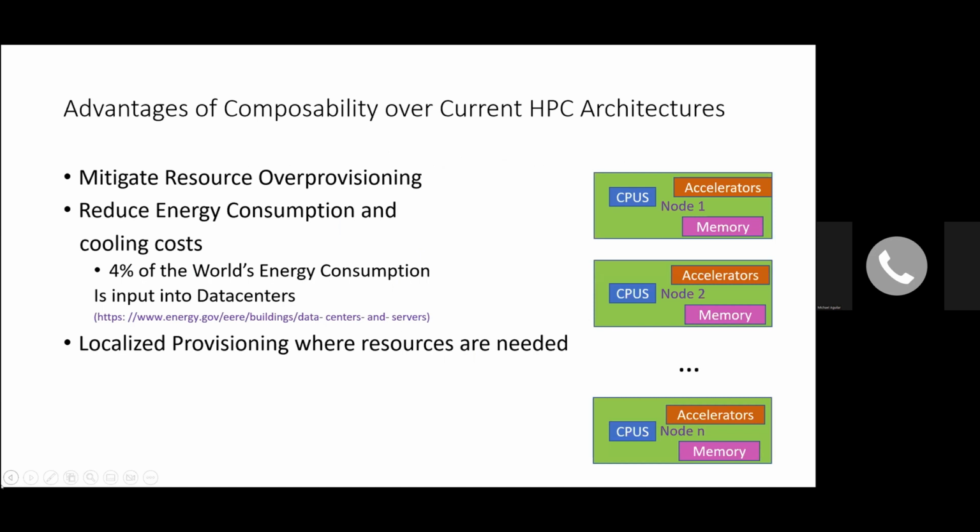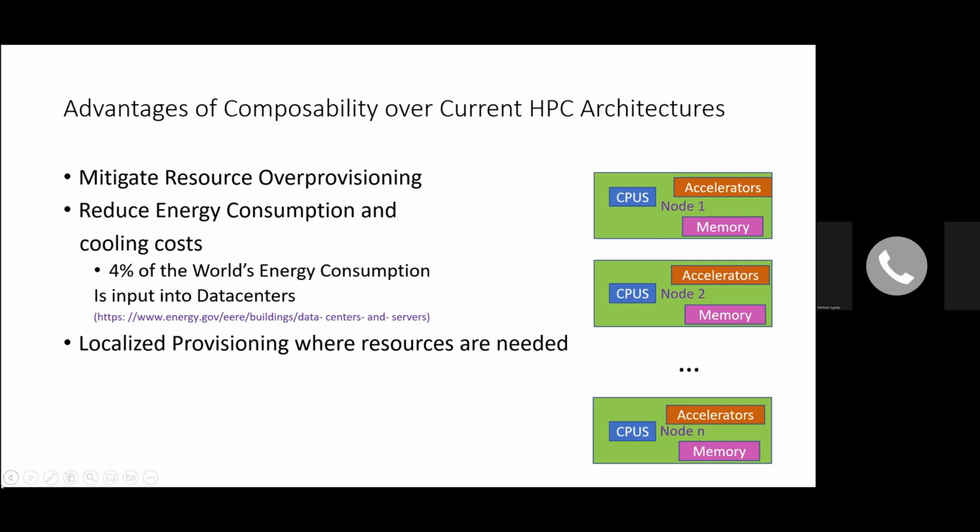So on the right side of this picture, we can see a typical HPC architecture. We have each node containing a set of CPUs, some memory, and accelerators. We link the nodes with a high-speed network fabric, and that's how you do your computations.